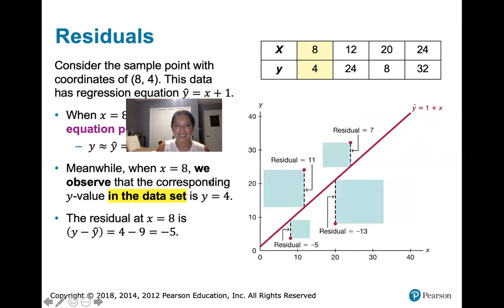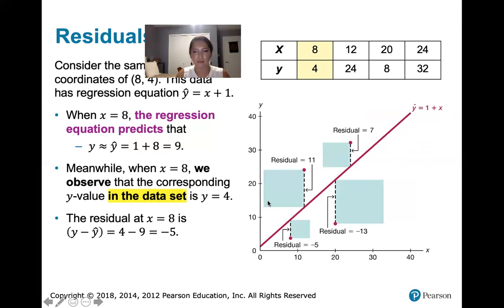I think that's easiest to see when we look at the plot. We're at X equals 8, and the data point is at this location, X equals 8, Y equals 4. That's our point. The regression line is this line right here.